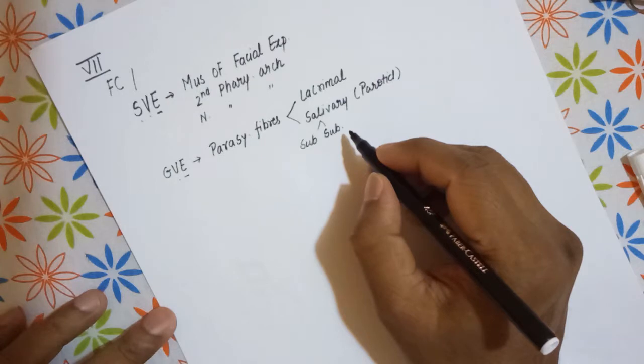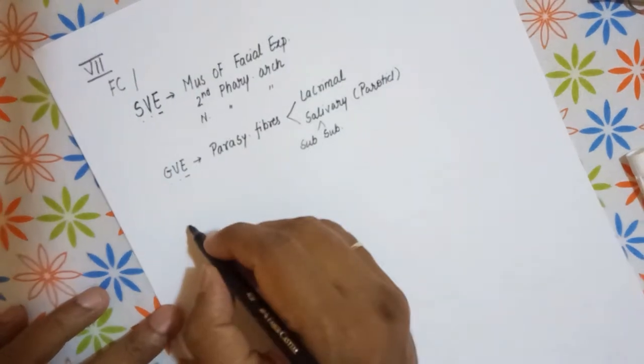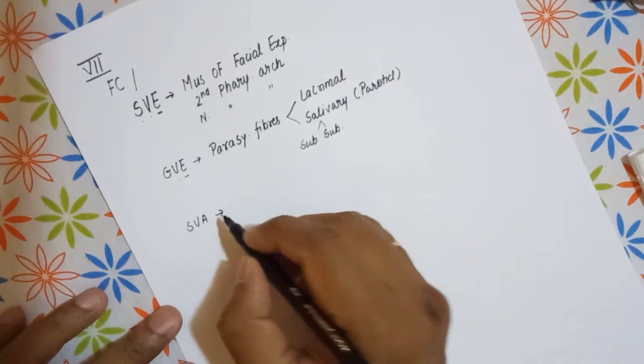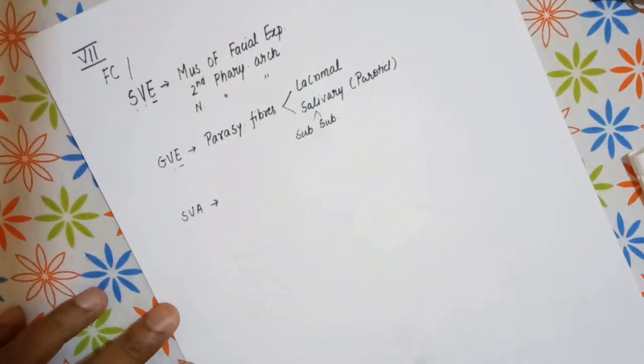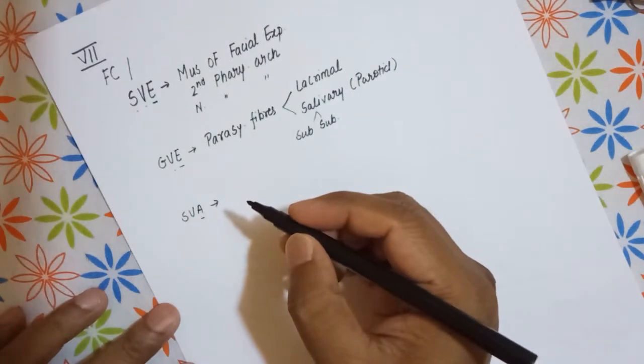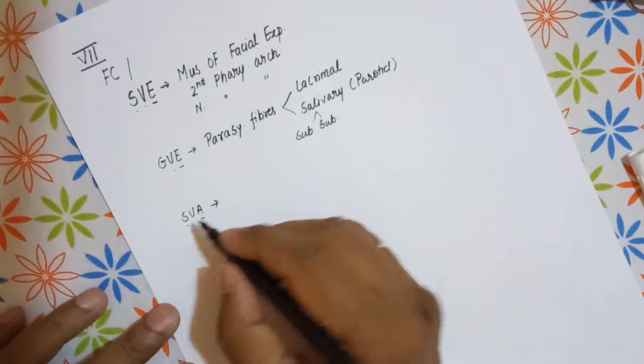Then we have the special visceral afferent column. Afferent is something that comes towards the brain, and it is special.